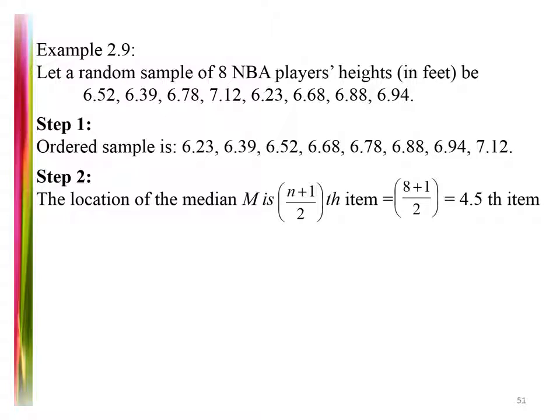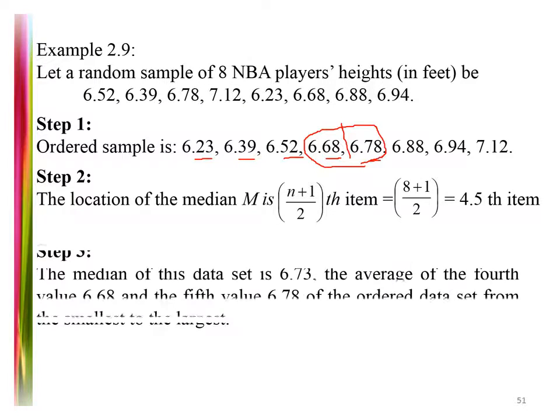So 4.5 means it lies between the fourth item and the fifth item. That means you have to calculate the average of these two numbers. So (6.68 plus 6.78) divided by 2 is equal to 6.73. So the median is equal to 6.73.